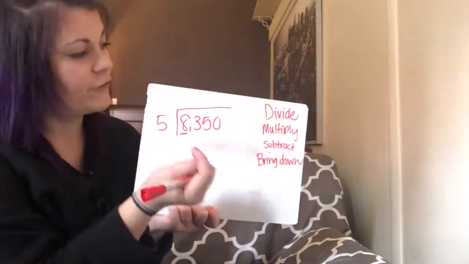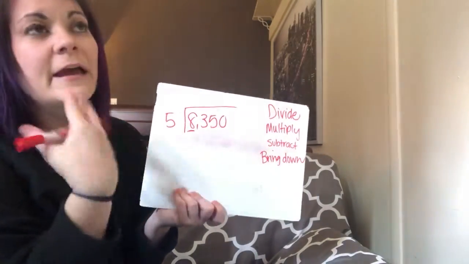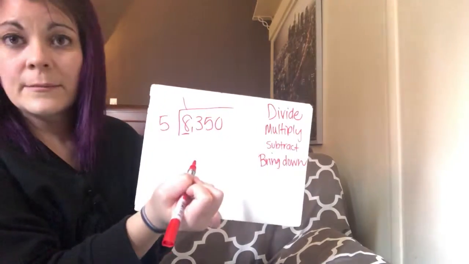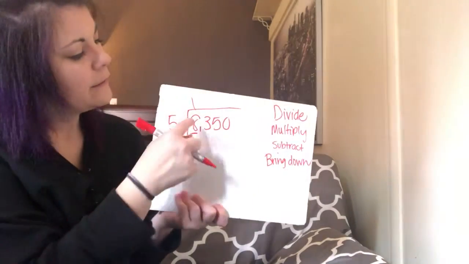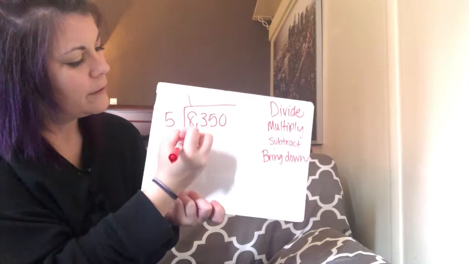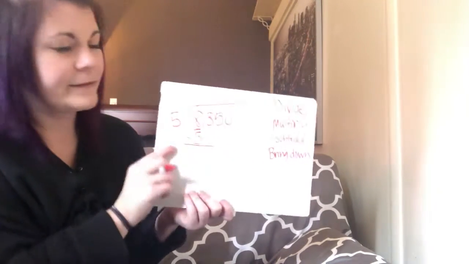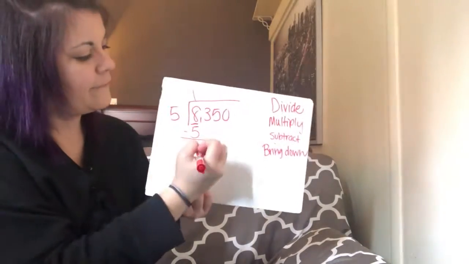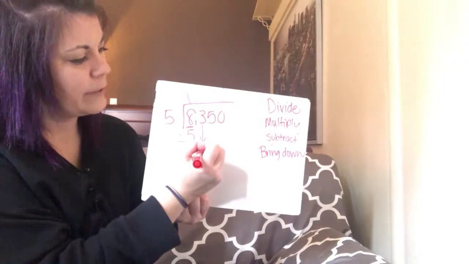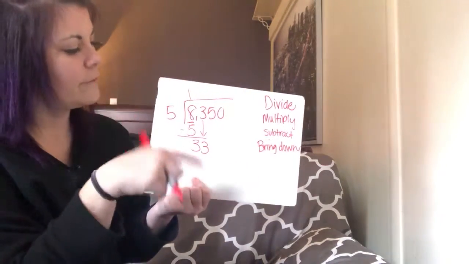So we start with the first step, dividing. How many times can 5 go into 8 without going over? Once, because 5 times 2 is 10. Then the second step, multiply. 5 times 1 is 5. The third step, subtracting, 8 minus 5 is 3. The fourth step, bringing down that 3. Then we start all over.